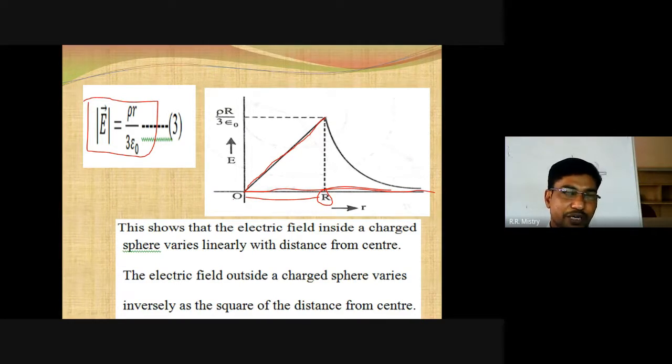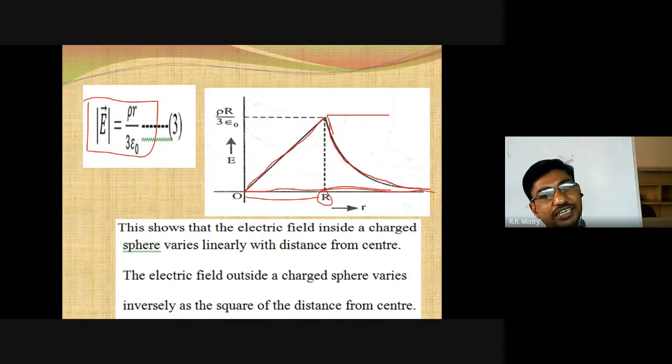But when you go away from the sphere, outside the sphere, the intensity decreases, not linearly.